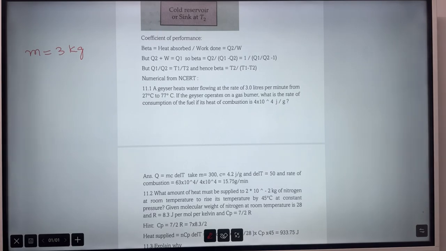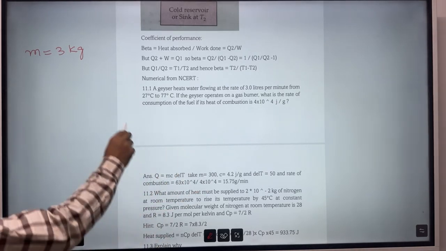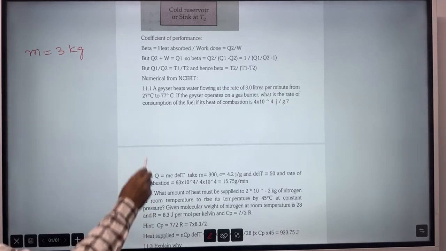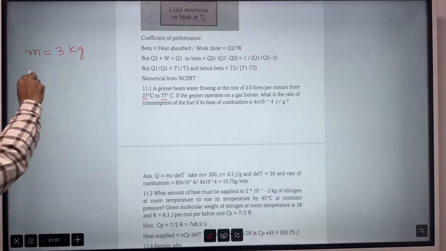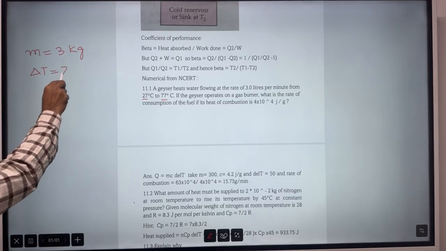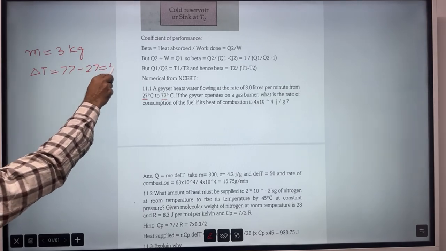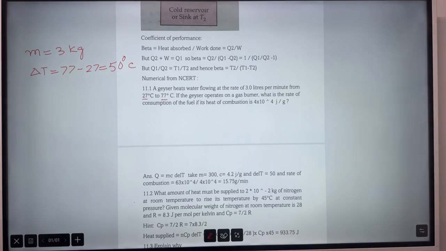So we are writing just 3 liter, that is 3 kg, and information about temperature is also given. Temperature change delta T is equal to 77 minus 27, that is 50 degree centigrade, right?